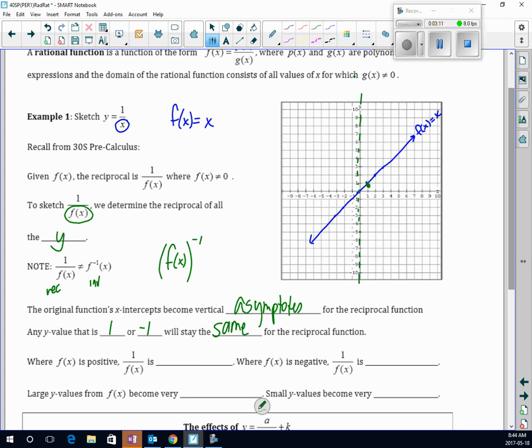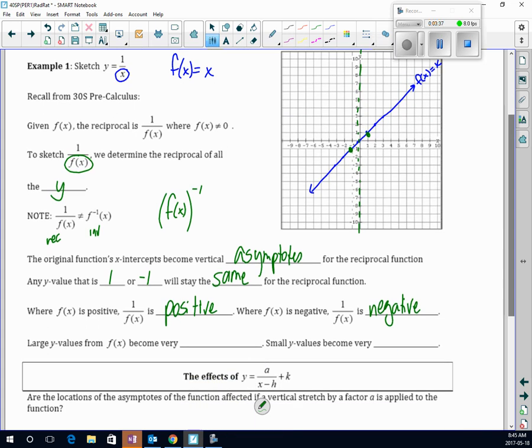Find your ones, because those are your invariant points. Okay. Where f of x is positive, what happens when we flip a positive f of x? It still is positive. It doesn't change sign. And where f of x is negative and we flip it, it's still going to be negative. Does everybody get all those concepts so far?